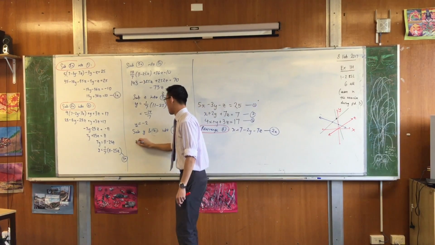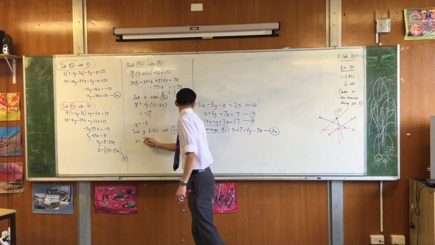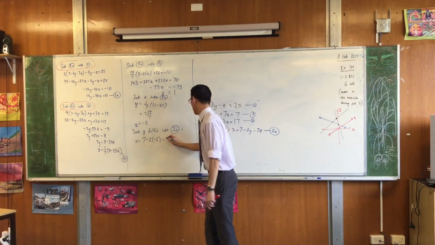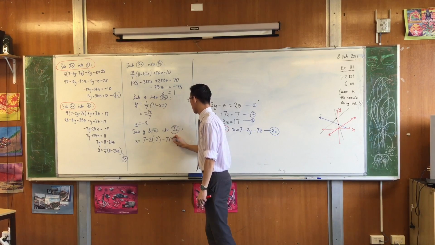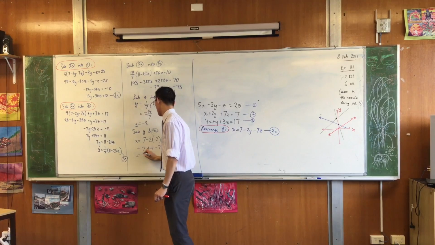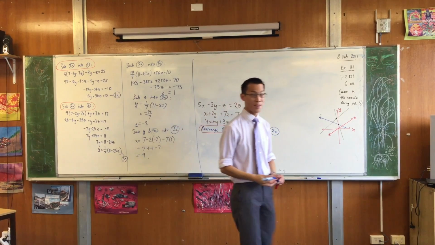So, x equals 7 minus 2. What do you think? Happy?